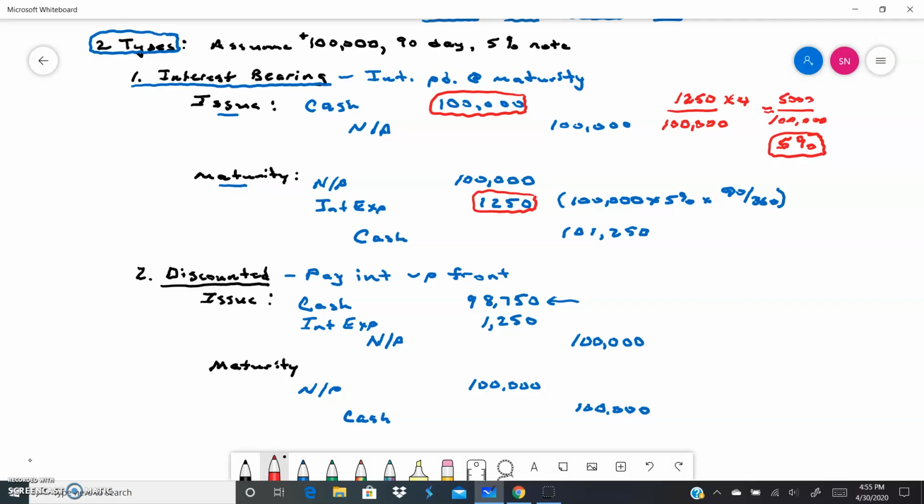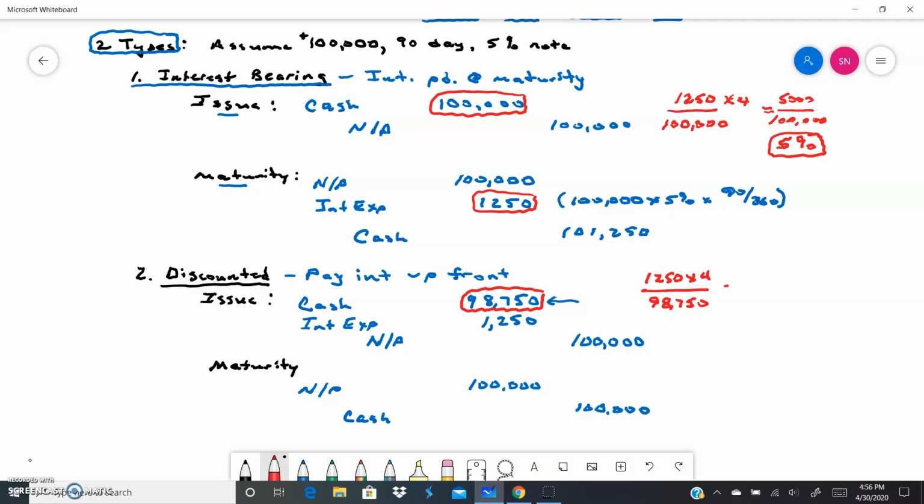Let's look at the other one. Let's look at the discount note. Here, we only received the use of $98,750. But we still paid $1,250 of interest. And again, that was for 1/4 of the year.